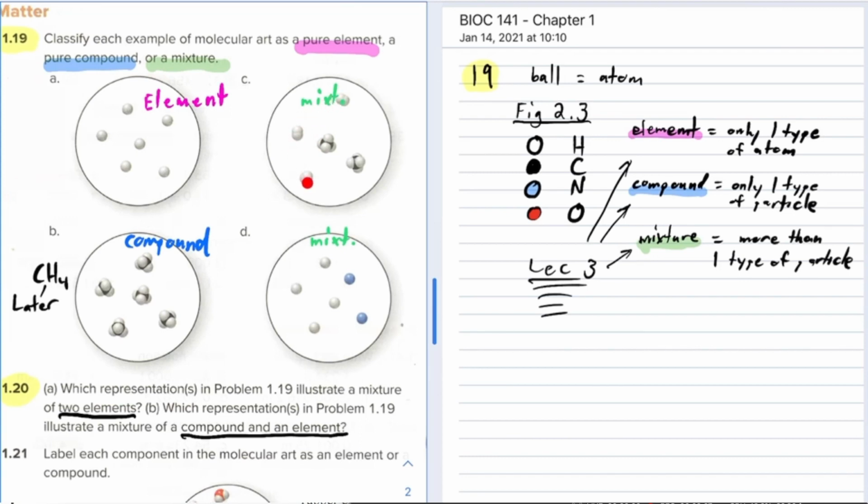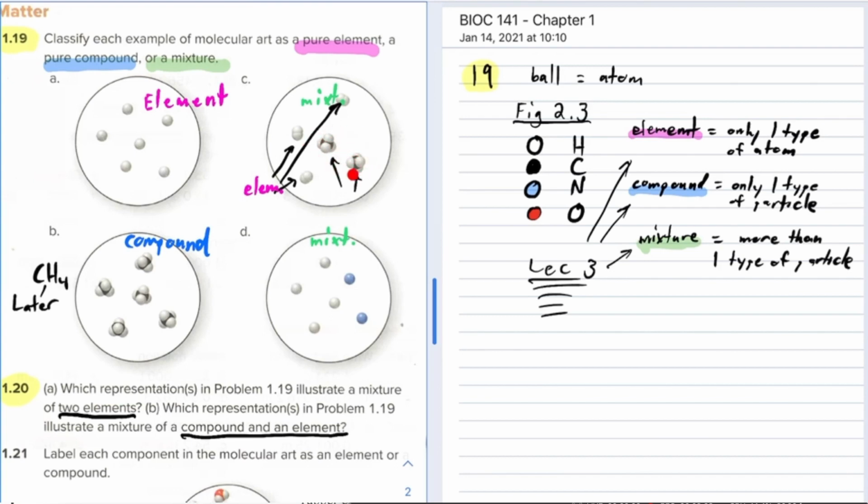These are elements because all I see are white atoms. Okay, so these particles are particles of an element, and I'll point those out. So this one, and that one. Those are elemental particles, but the other ones, those ones right here and there, these guys, I see white atoms and black atoms.